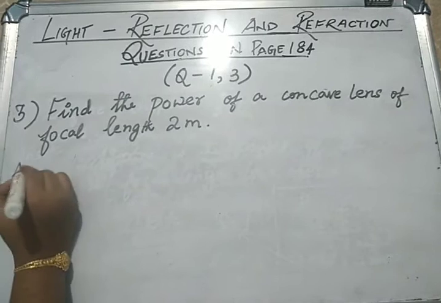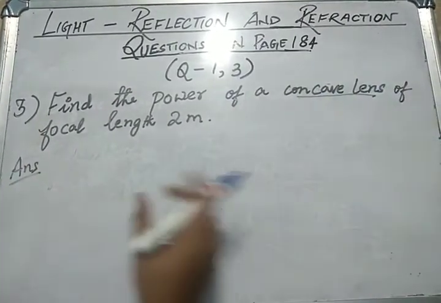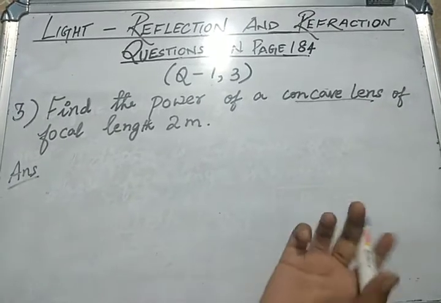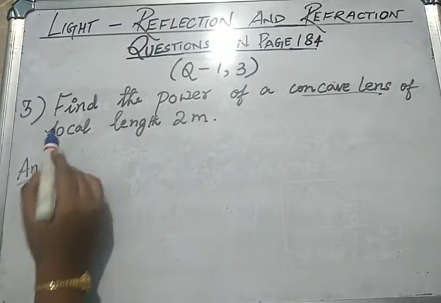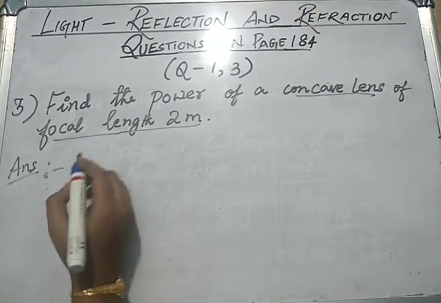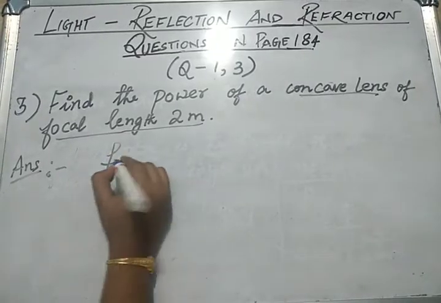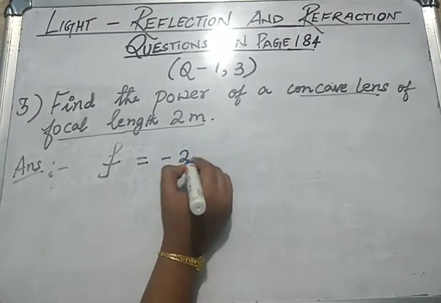So what is given in the question? We have a concave lens. The lens is specified. It is a concave lens. Then another value is given, the value of the focal length. It is 2 meter. So I write f, which means focal length, is equal to minus 2 meter.